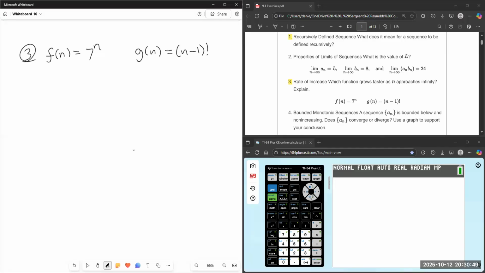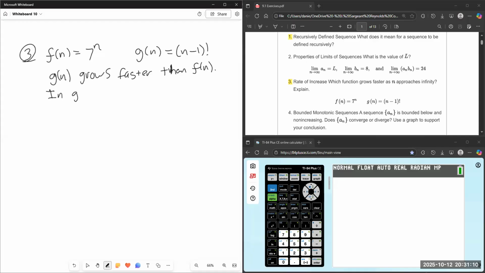So G of n grows faster than F sub n in general.